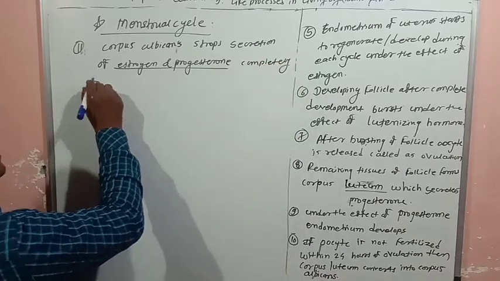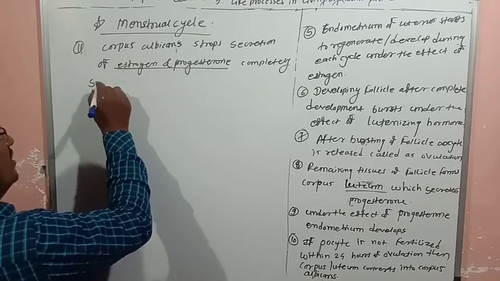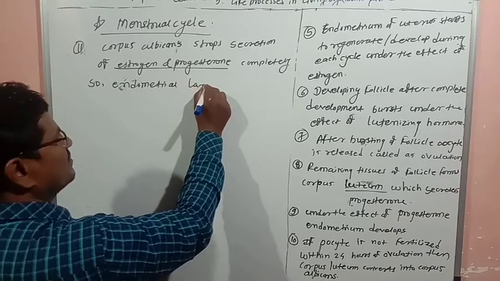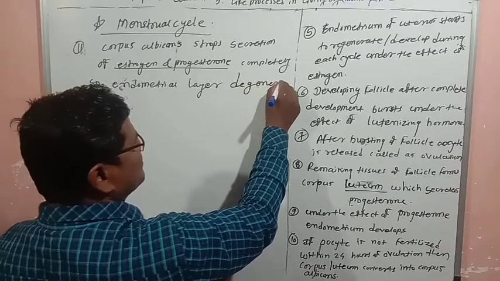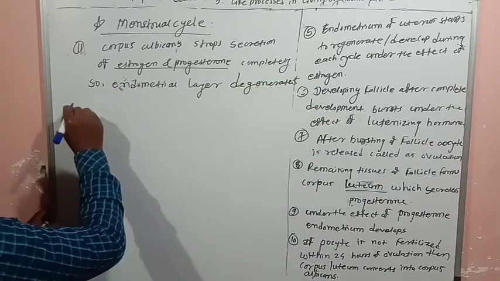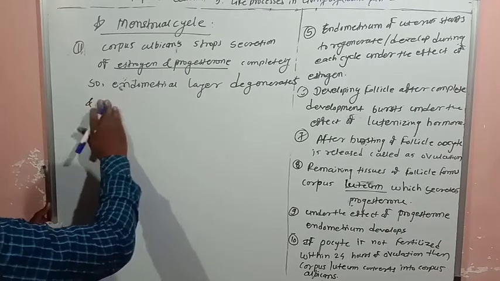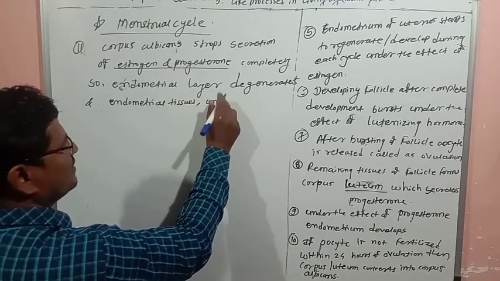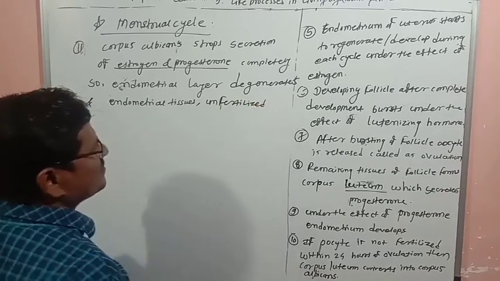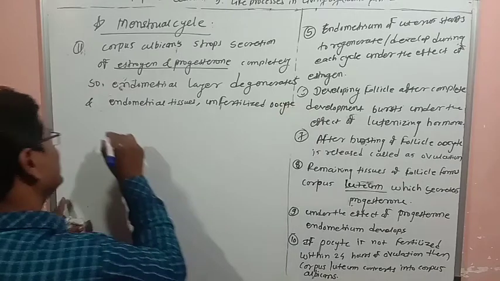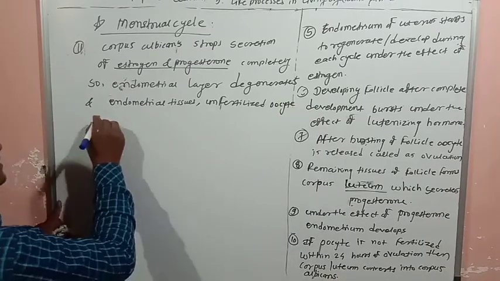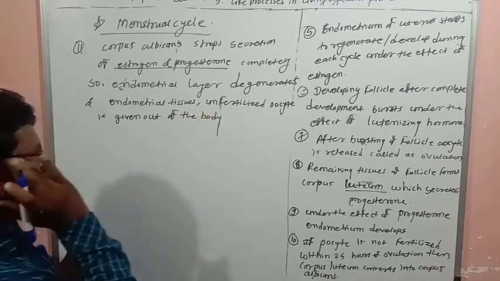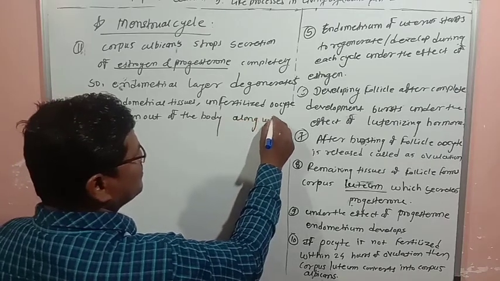So the endometrial layer degenerates, and the endometrial tissues and the unfertilized oocyte are given out of the body along with bleeding.